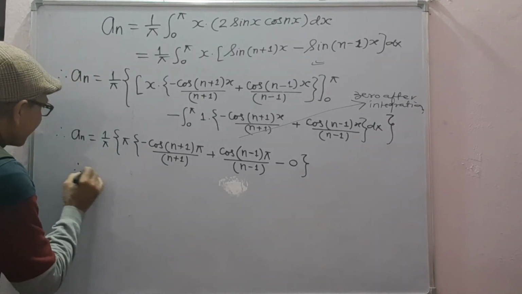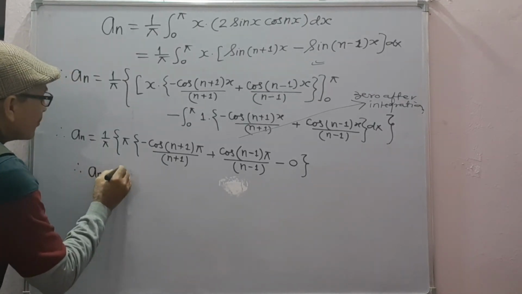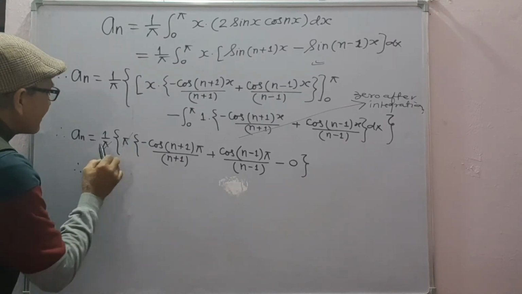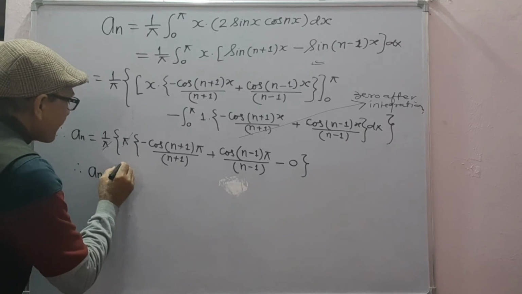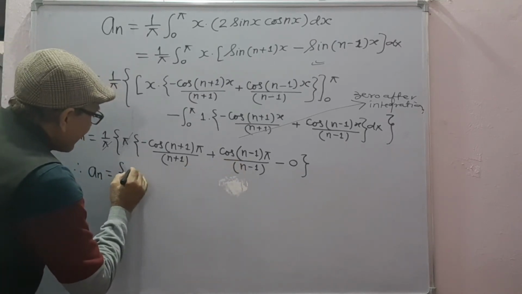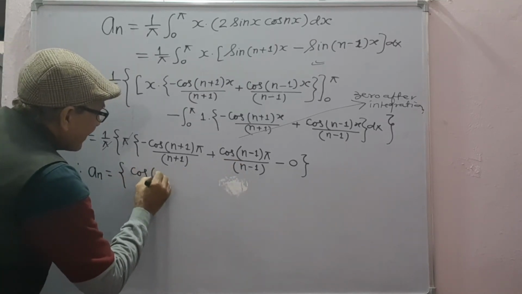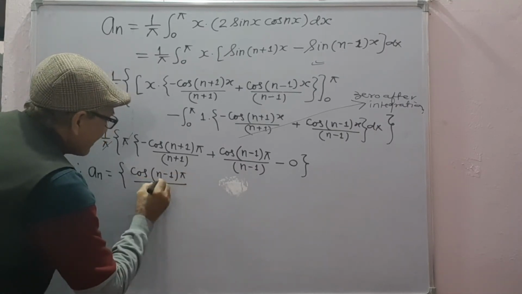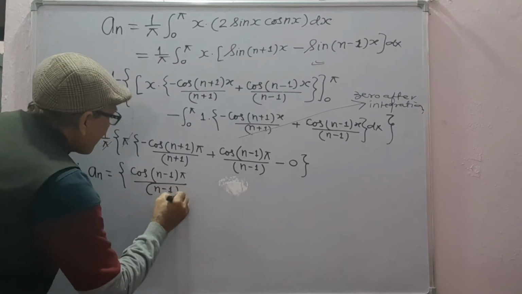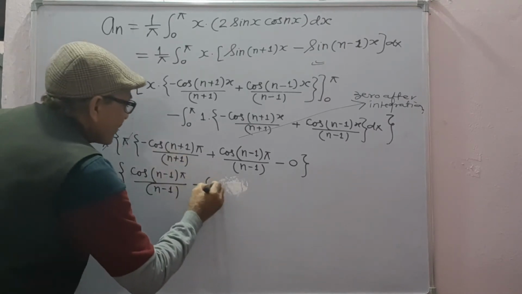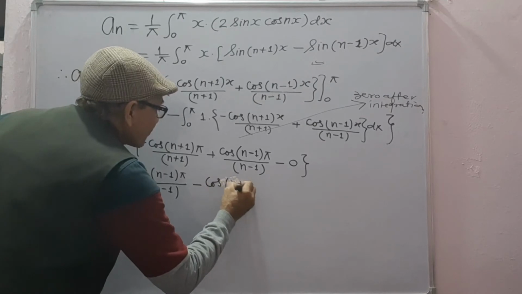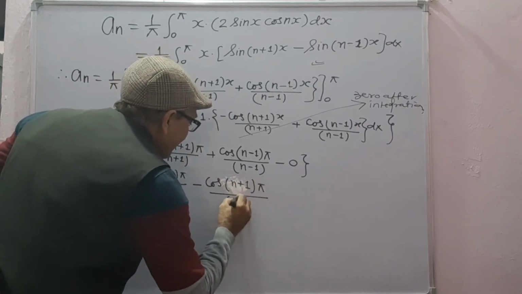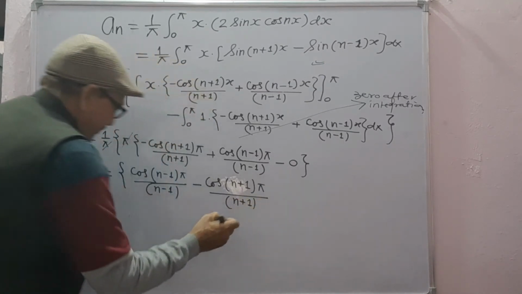Or it can be written as an will be equal to, this pi can cancel this and we get cos n minus 1 pi upon n minus 1 minus cos n plus 1 pi upon n plus 1.